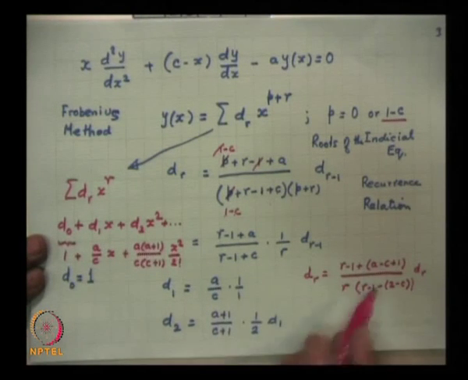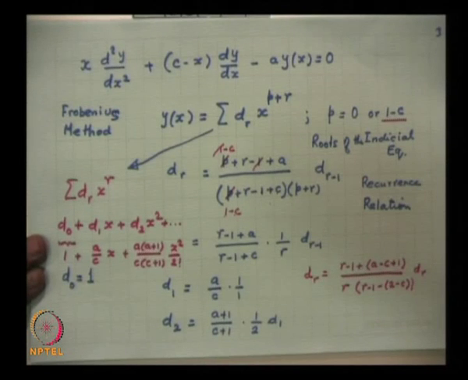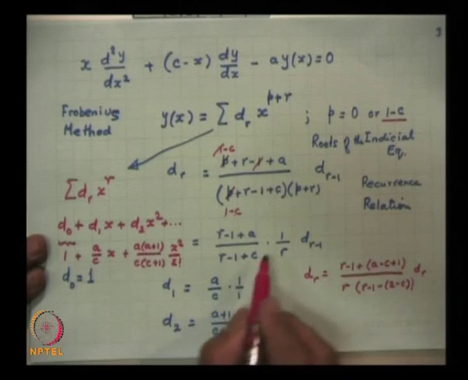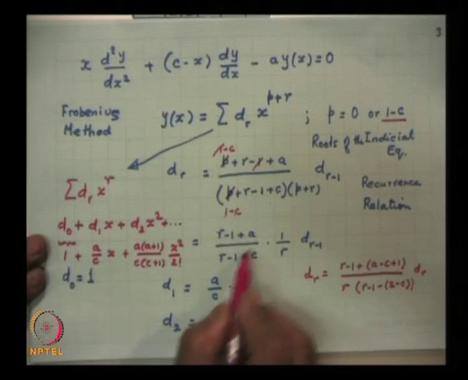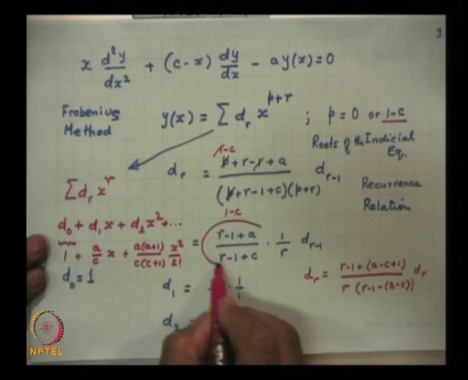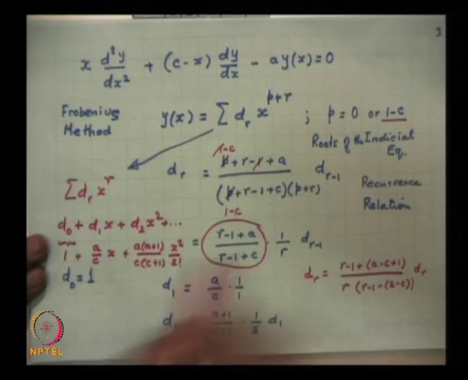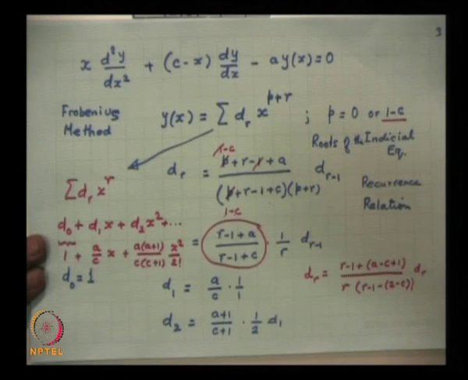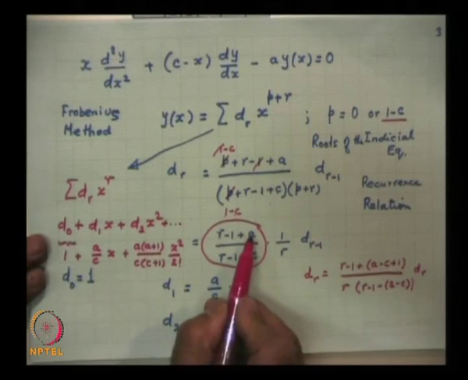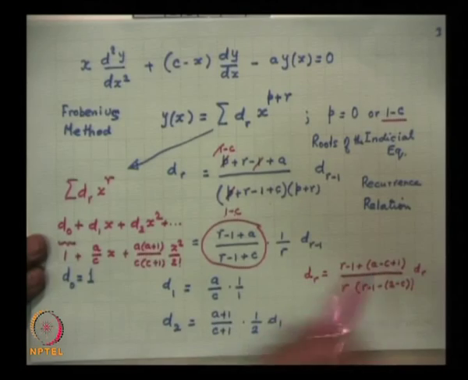The reason why I have rewritten in this form is because you can see now that if I compare this with this expression, I hope all of you can see this, a will be replaced by a minus c plus 1 and c will be replaced by 2 minus c.